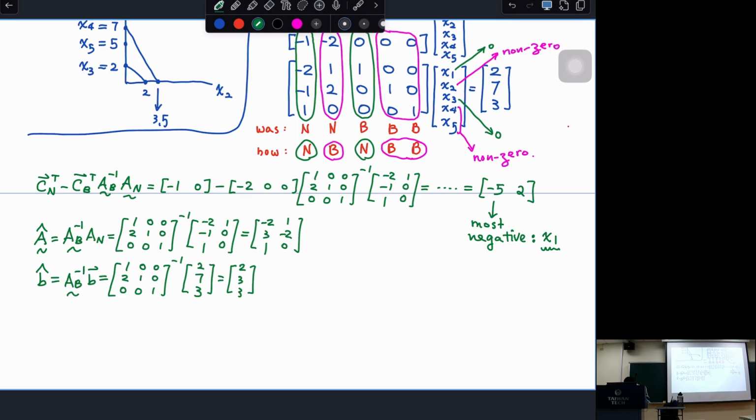So using these to do the ratio test, the coefficients 2, 3, and 3 divided by -2, 3, and 1, end up with -1, 1, and 3. So this would be the smallest positive, the second one. So what is the second one? The second basic. The second basic is x4.